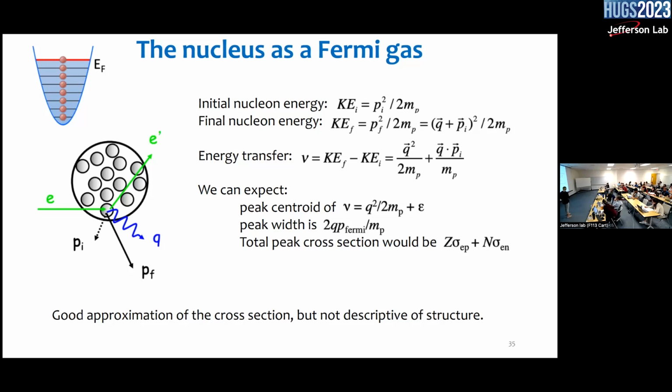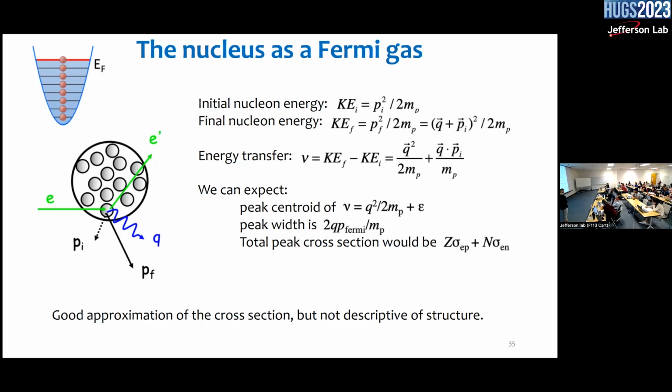And then the width of this distribution. If you think of the peak centroid of a scattering as q squared over 2m, then the width is going to be ruled by this term where you have this initial nucleon that was already swimming around inside the nucleus. And this factor of 2, of course, comes because we're doing plus minus.